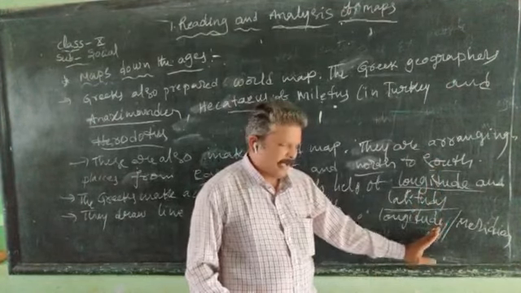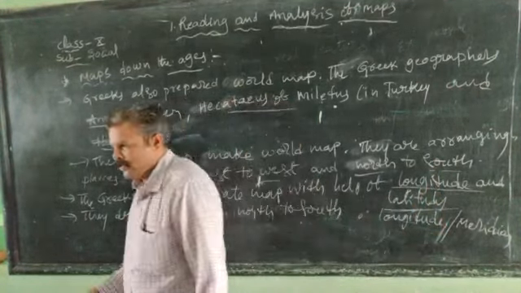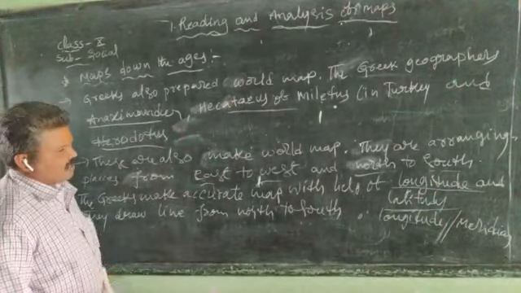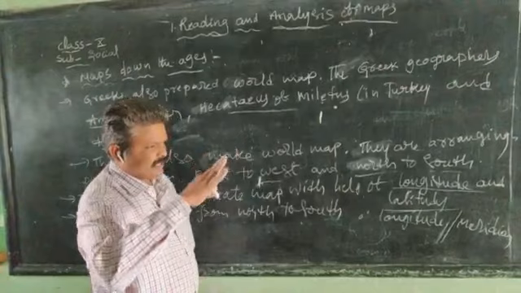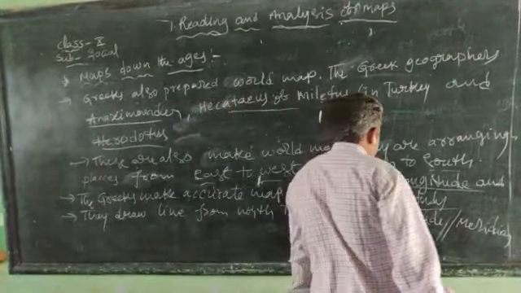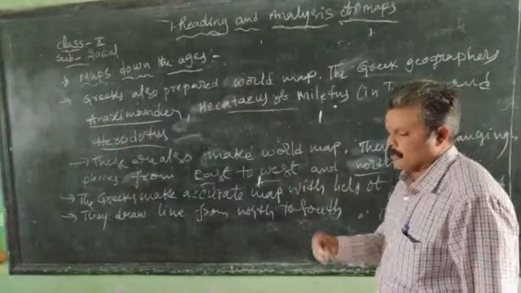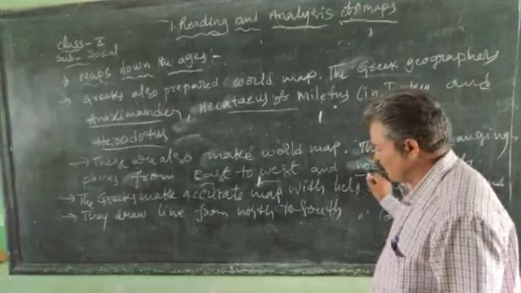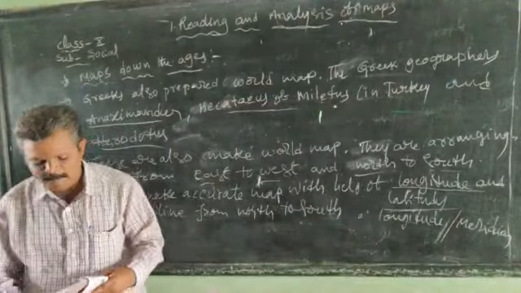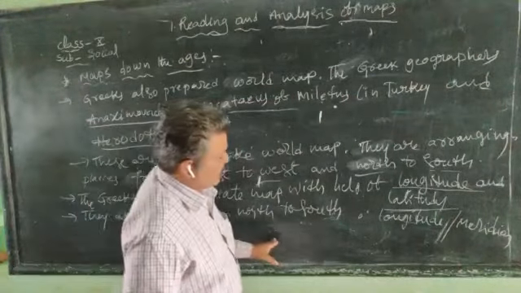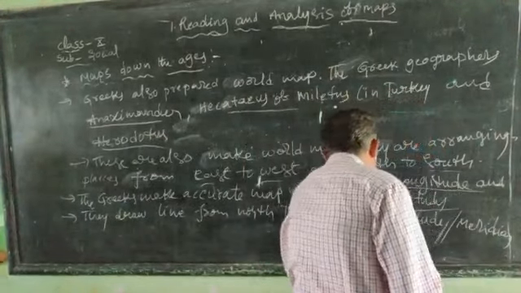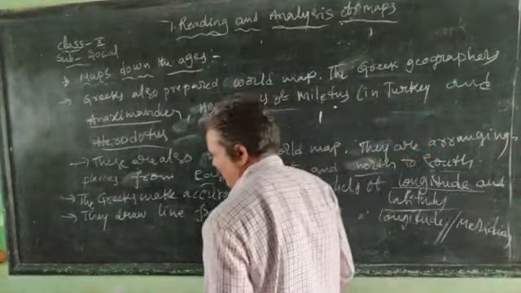Next they draw west to east, in circle form, from 0 degrees to 90 degrees at the north pole, and full circles from 0 degrees to 90 degrees at the south pole. In this way, they marked longitudes and latitudes on a map.